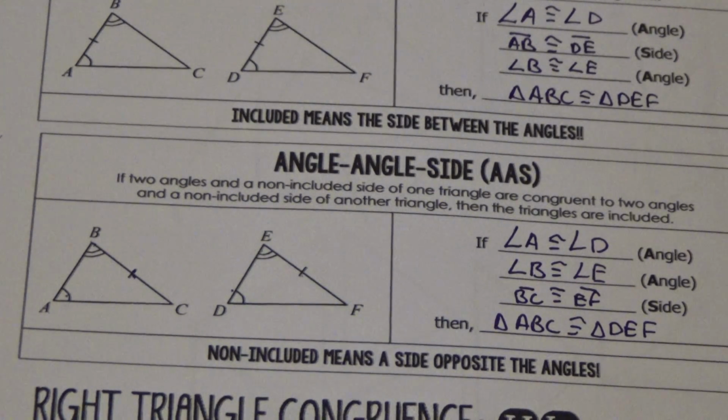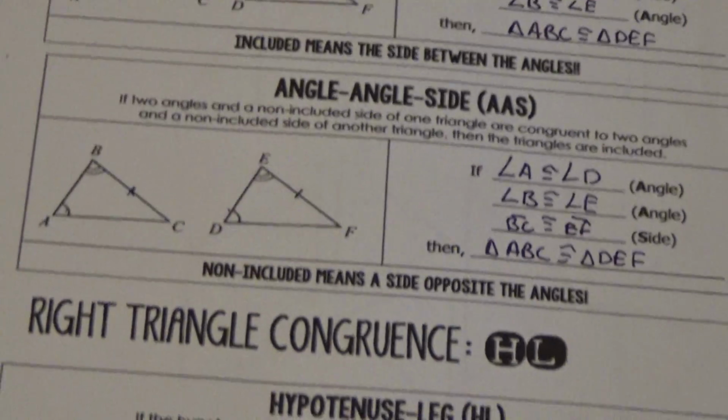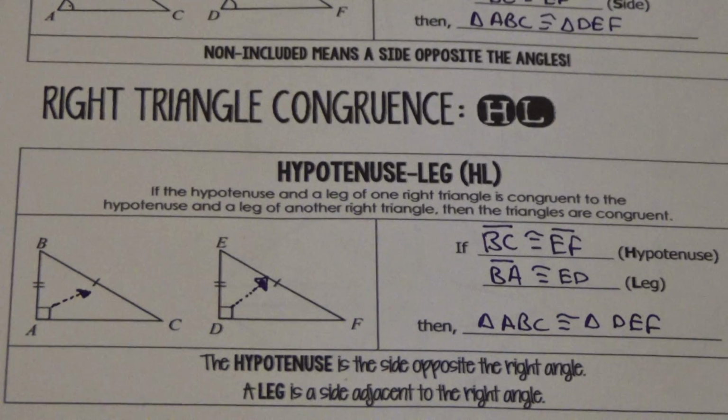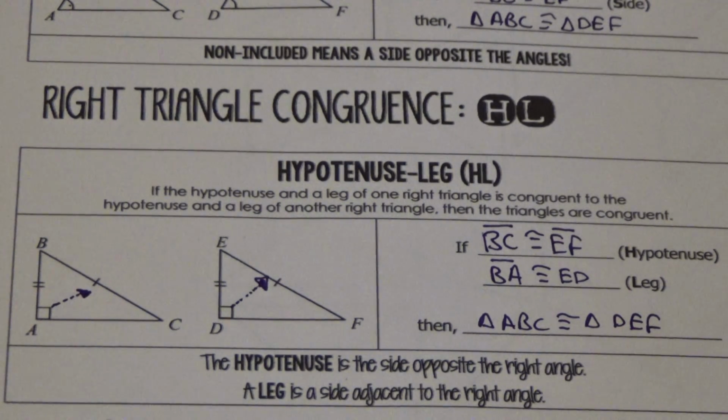Alright, and the last one, we got HL. HL is called the hypotenuse leg because we're going to use the hypotenuse of the right triangle and one of the legs.